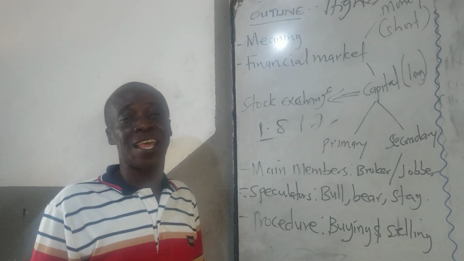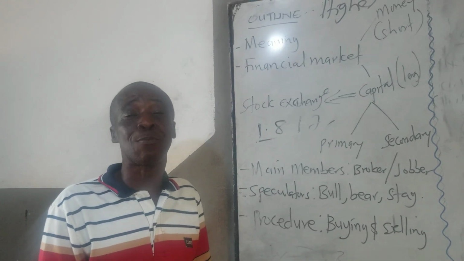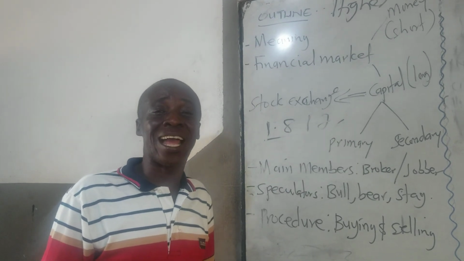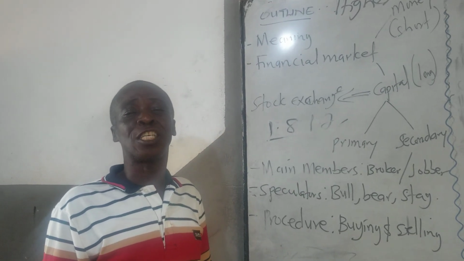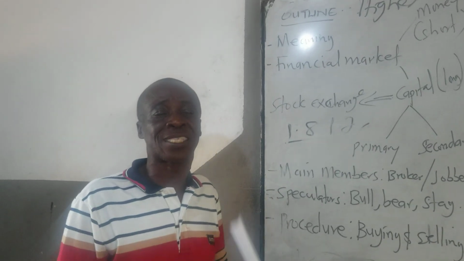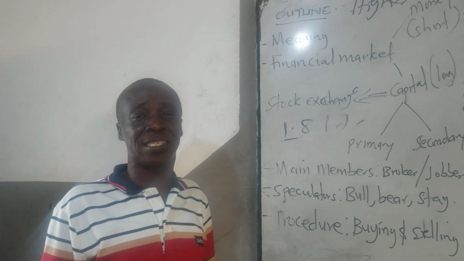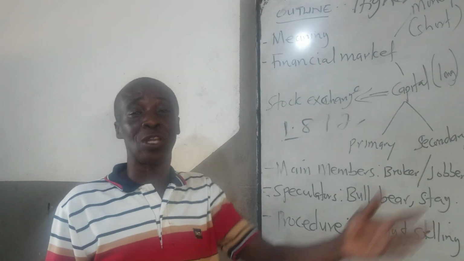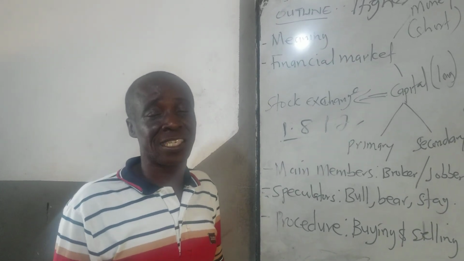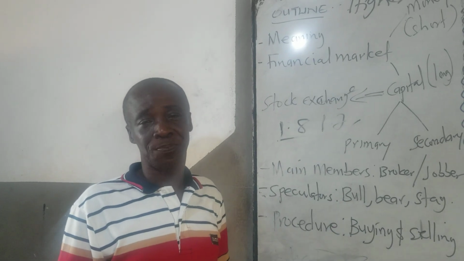After 10 years, the person doesn't want to keep the shares for one reason or the other. It may happen that the shares the person bought at 1 Ghana cedi per share are now being sold at, let's say, 10 Ghana cedis. So the person thinks that if I sell my shares right now, I'll make more money. Then this person will sell the shares. Remember, you cannot go to the company and give the shares back to them. So you go to the stock market and then you exchange.